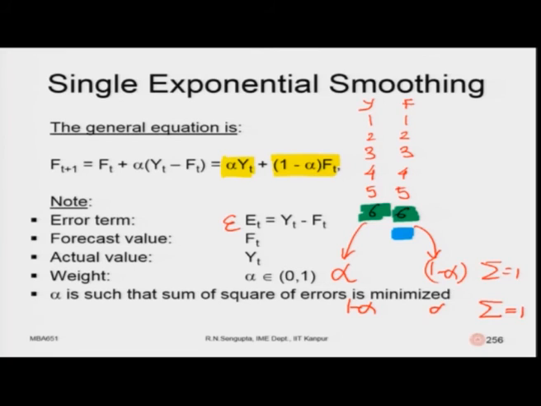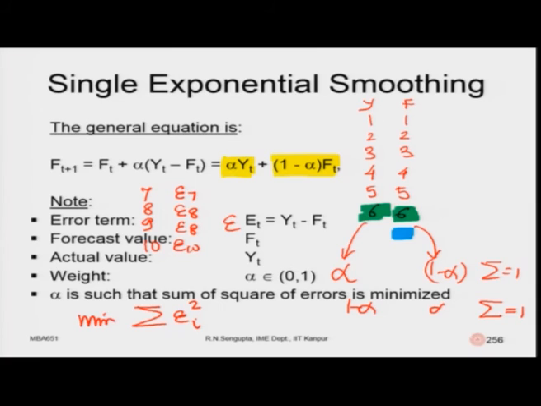So, what we are trying to do is, for the 7th, 8th, 9th, 10th periods, you find epsilon 7, epsilon 8, epsilon 9, epsilon 10, and so on, such that you square the errors and sum them up, and it should be minimum.